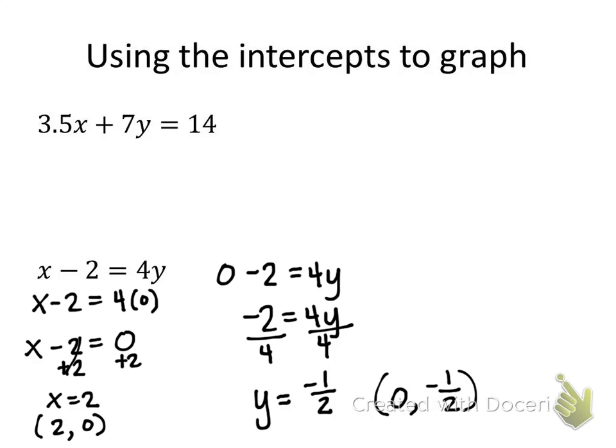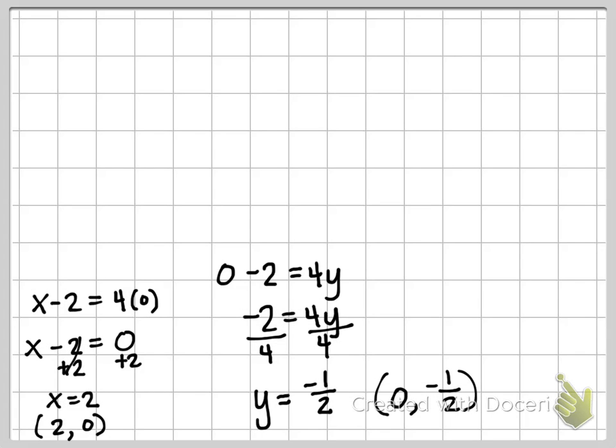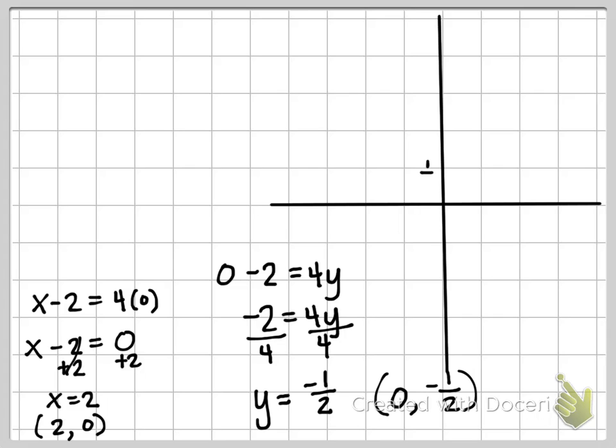Okay, so let's use both of these x and y intercepts to graph. Okay, since I have a fraction, I'm actually going to take my graph and I'm going to make each line a half. So like this would be 1/2, 1, 1 1/2, 2.